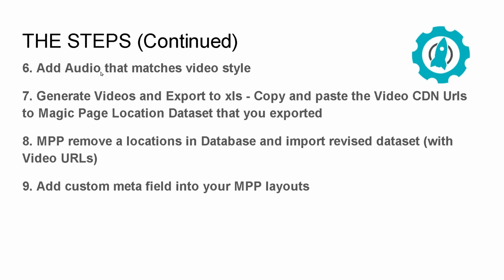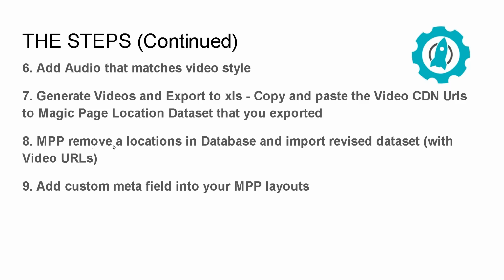Additionally, you'll add an audio track that matches the video style of your lead generation video. Then you generate the videos and export the URLs to XLS. Then you copy and paste the video CDN URLs back into the Magic Page location dataset that you exported at the first step, and import it into MPP.